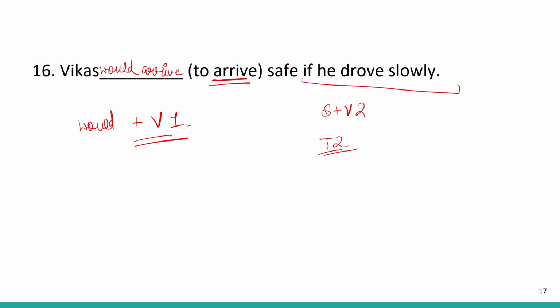So the correct sentence will be Vikas would arrive safe if he drove slowly. Means he didn't drive slowly. That is why he might get some injury or something happened to him that he did not arrive safely.